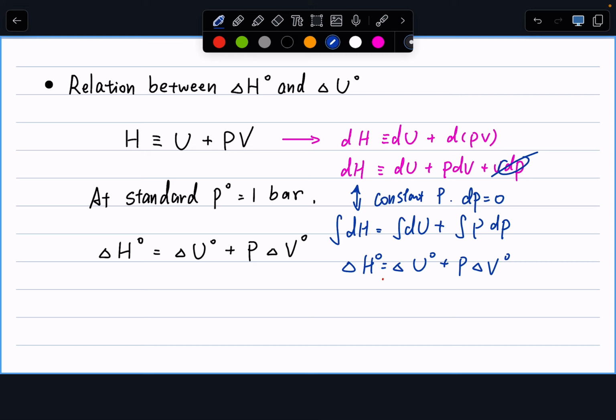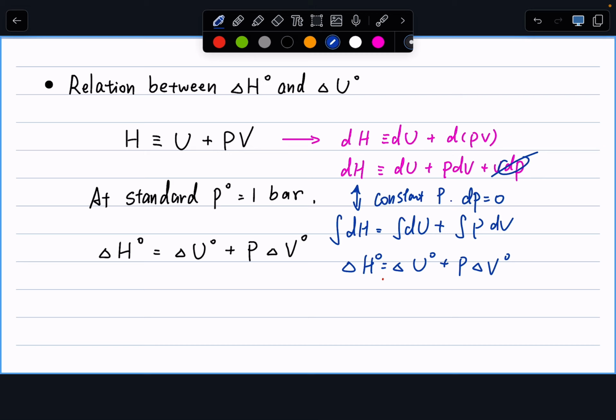Right, so that naught denotes standard state. One common mistake in our class is make sure you know where to use it. For example, when reading the textbook, it's very straightforward to say, oh yeah, that looks fine, right? But if in a true and false, we remove that condition and ask you whether this one is true, it's not. If the pressure is not constant, it's not true.